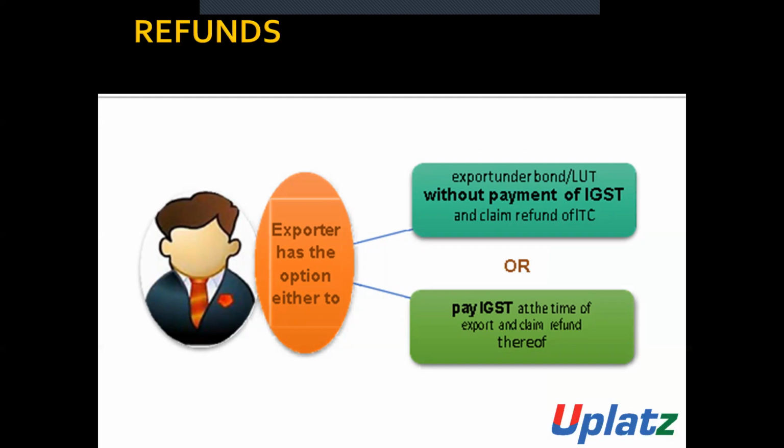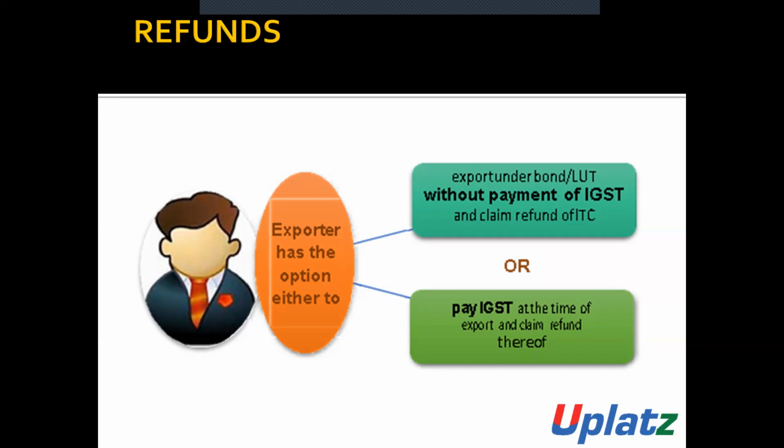In respect of export of goods or export of services, number one, the exporter exports under bond or under LUT without the payment of IGST, and he can claim the refund of ITC. We have previously discussed the exporter has two options, whether this is the export of goods or export of services.